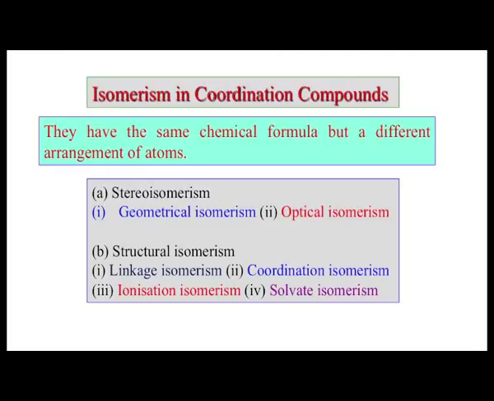Then ionization isomerism, nothing related to the stereoisomer, that means the isomers in space, and the corresponding solvent isomerism. And stereoisomerism is much more common and important, and we can mix these two together, where we find that geometrical isomerism is there, and within that geometrical isomerism whether something shows optical isomerism or not.